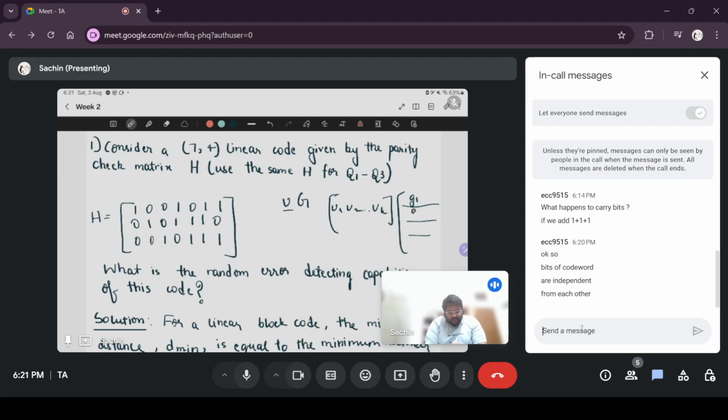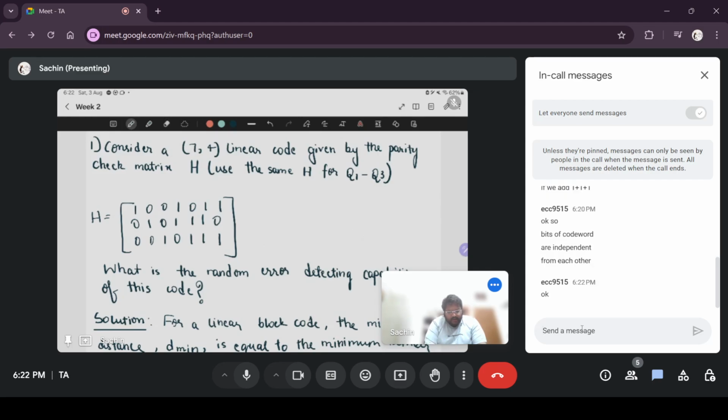If the first row is g1, second row is g2, last row is gk, then the code word you will get is u1 g1 plus u2 g2 plus etc. So the bits of the code word depend on u1, u2 on the message. So you can't say that the bits of the code word are independent from one another.